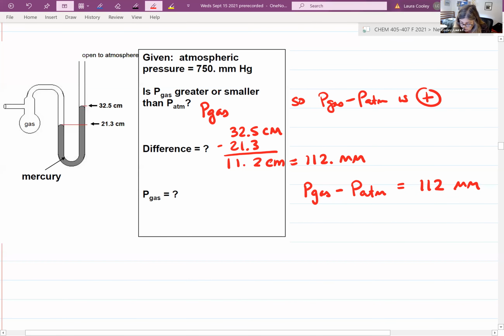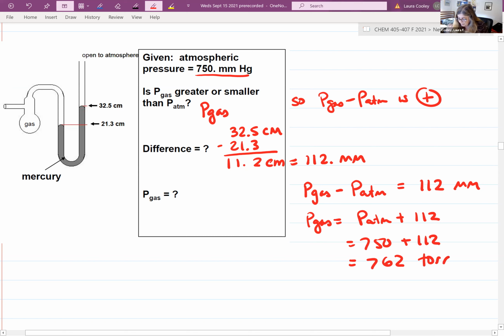You're given that the atmospheric pressure is 750. So 750 plus 112 is 862 torr, or millimeters. Sorry, I misstated that at first.